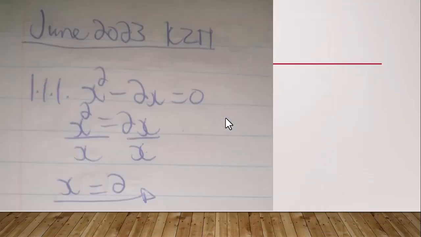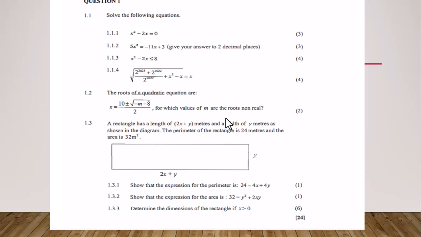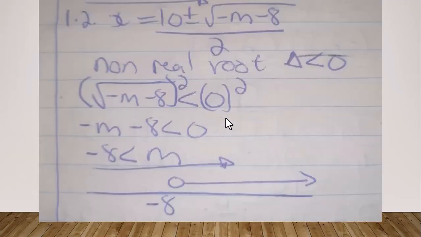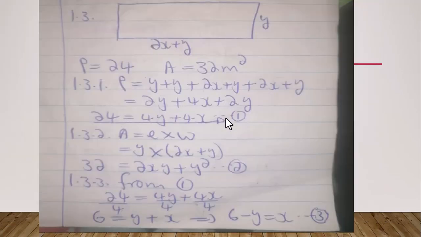And then secondly, they said show that the expression for the area is that. And these are just 1 mark questions. So what I said was to say, okay, area is the length multiplied by the width, and then the area is equal to y. Remember, this is the length times the width. It's 2x plus y, multiply throughout by y.